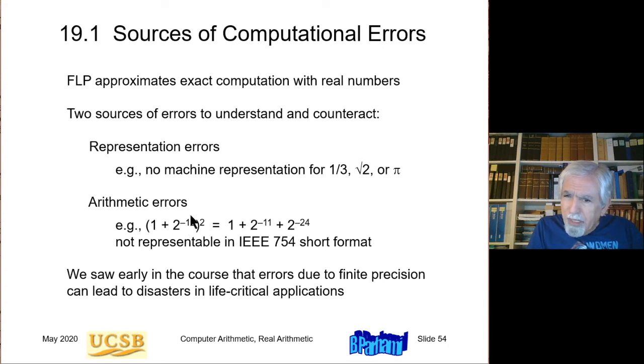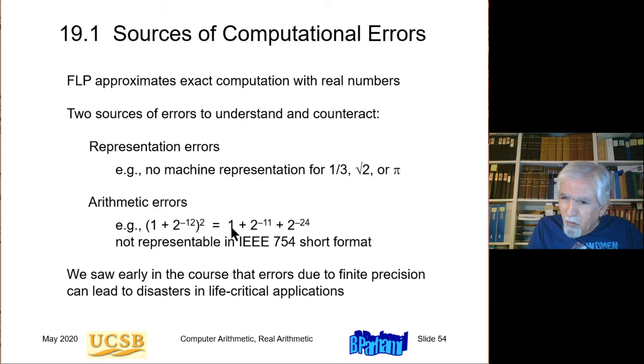But if we square this number, in other words, multiply it by itself, the exact result is given here: 1 plus 2 to the minus 11 plus 2 to the minus 24. And this number does not have an exact representation in IEEE short format.